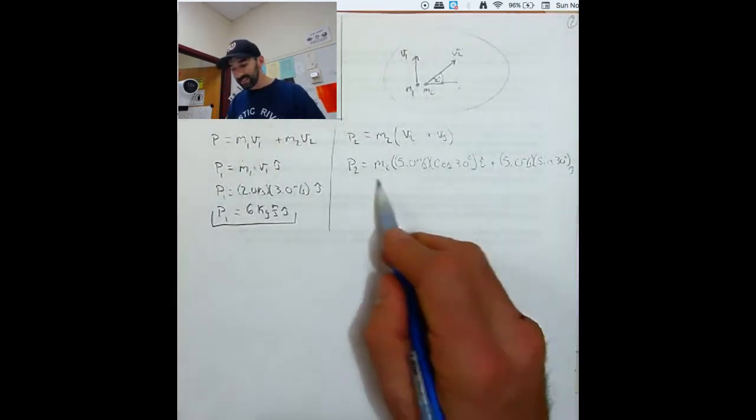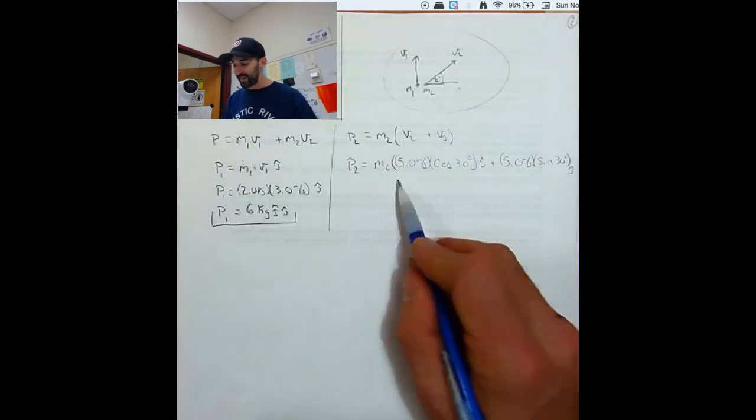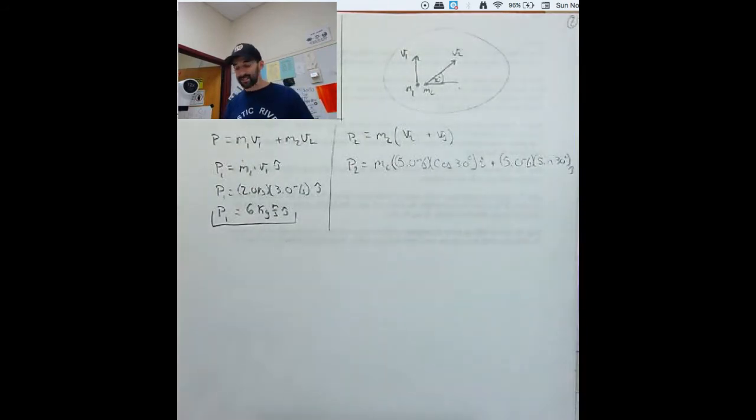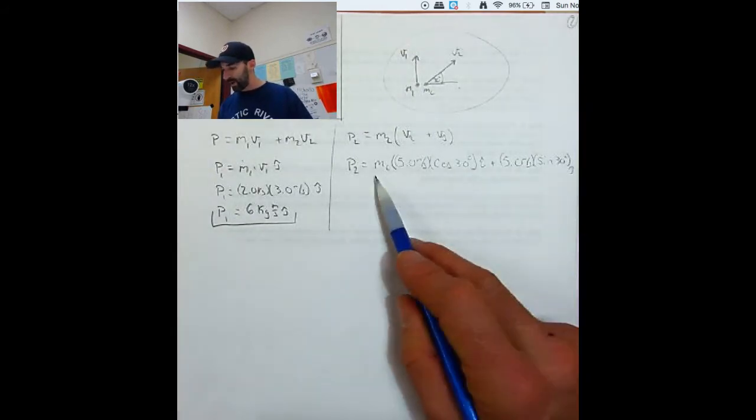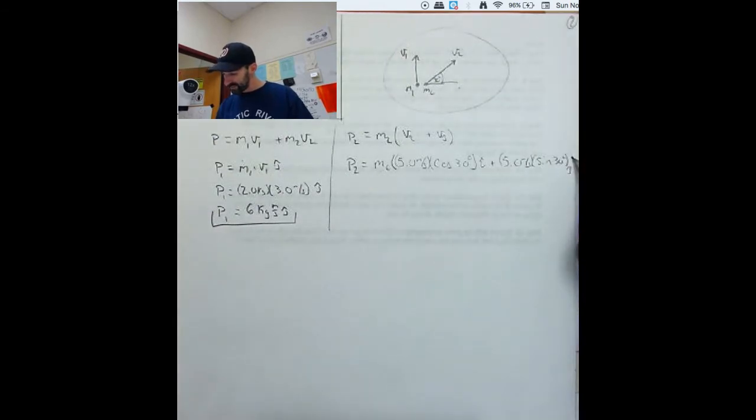This is fairly straightforward; we use sine 30 and cosine 30 so often. I need the parentheses there.